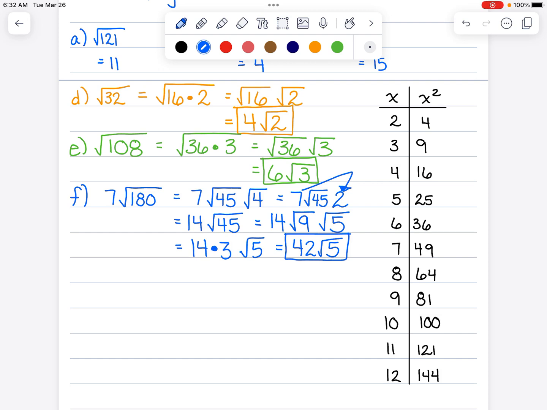Now, that being said, we're also going to end up with situations where they ask us to simplify something more like this, 5 over the square root of 5. Because one of the rules in mathematics is that square roots cannot stay in denominators, or any sort of radical for that matter, which is any sort of root.